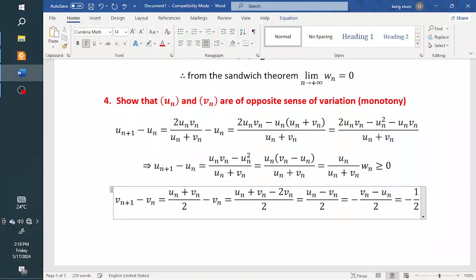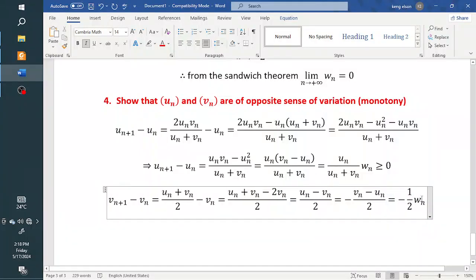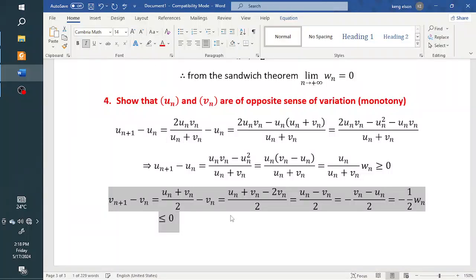So this is equal to negative half times Wn. But since we know that Wn is positive, negative half is negative. So negative half, which is negative, times Wn, which is positive, will result in something which is negative.